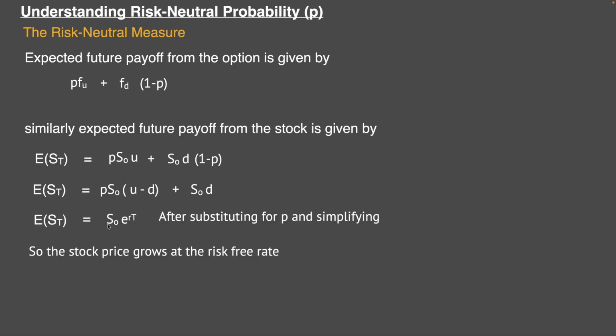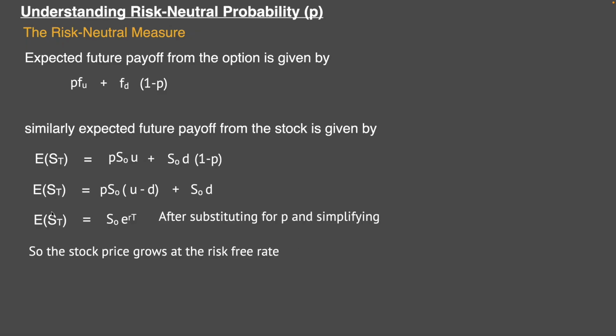That is, the stock price S0 is compounded continuously at an interest rate equivalent to the risk-free rate for a period of time capital T. This is the future value interest factor. FVIF, the future value interest factor, is your e to the power of small r into capital T, which is continuously compounded.